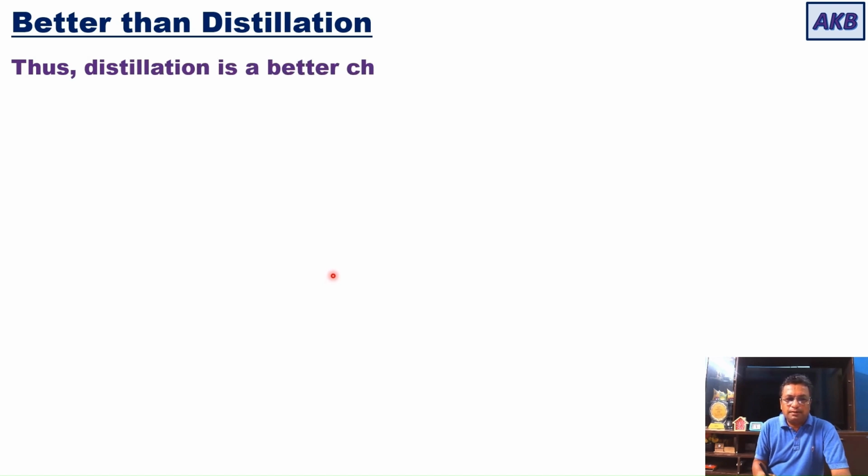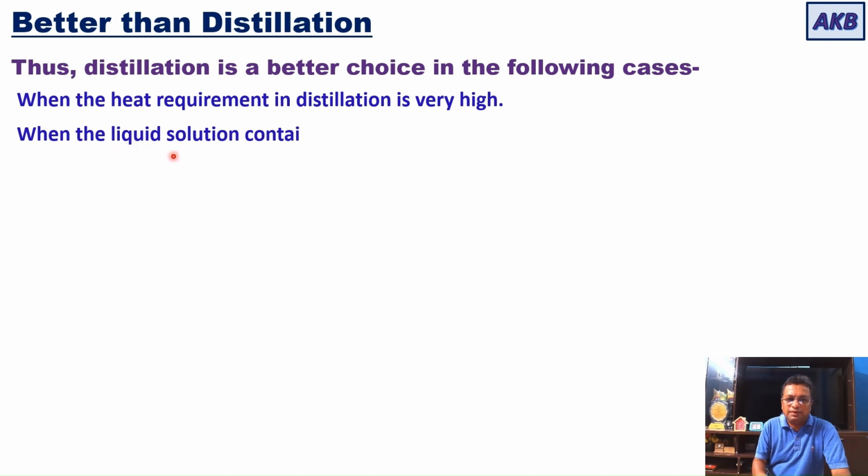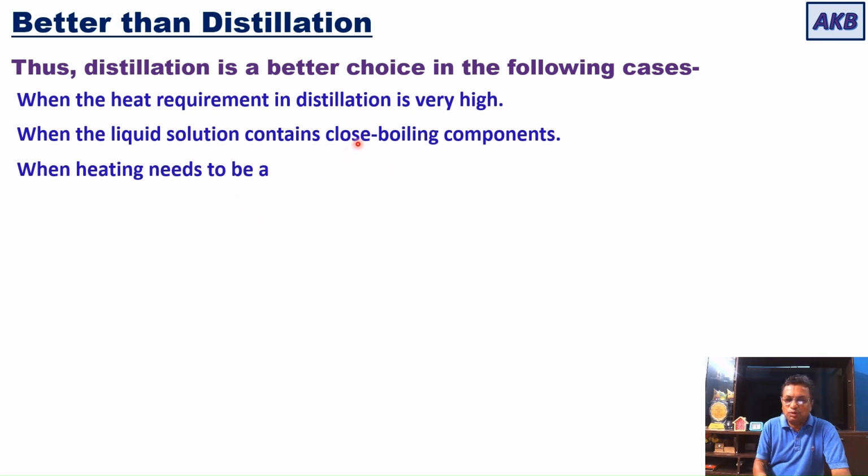So you can summarize where distillation is not a better choice, and liquid extraction is. When heat requirement in distillation is very high, that is in the case of aqueous solutions. When the liquid solution contains close boiling components, that means there is not much difference between the boiling points, then distillation will not be used.